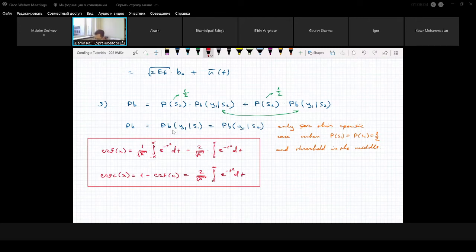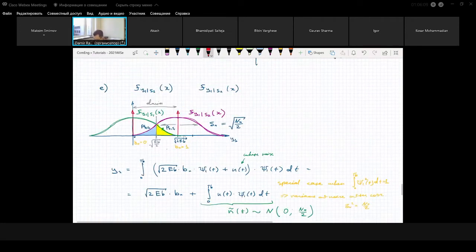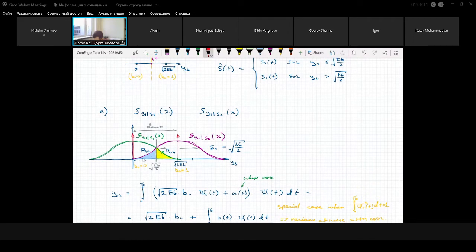So now let's start writing the integral for the probability of bit error. I would propose to choose the yellow region to calculate the probability of bit error, because it will be easier to match it to the complementary error function. If you choose the yellow region, then you start from a specific threshold, square root of EB over 2, and then you have to calculate the integral with upper limit plus infinity.